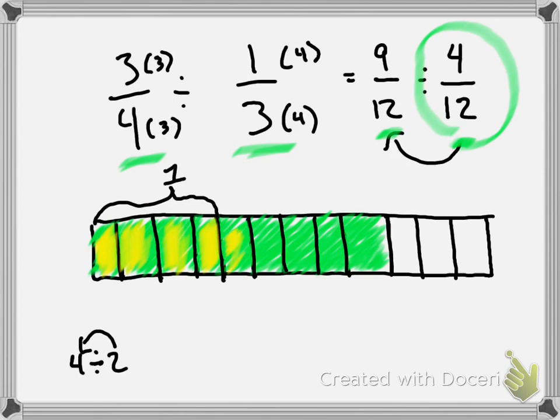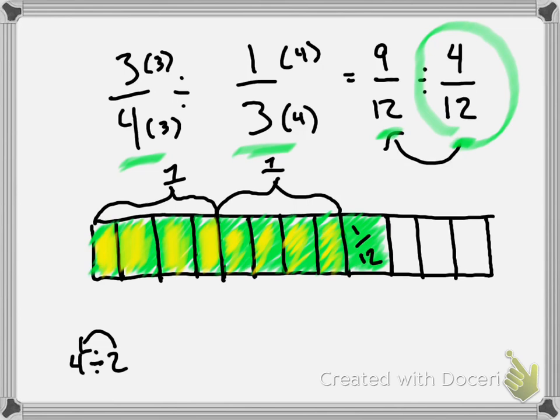We got 1, 2, 3, and 4. We'll go ahead and mark that off as well. That's going to be 1 as well.